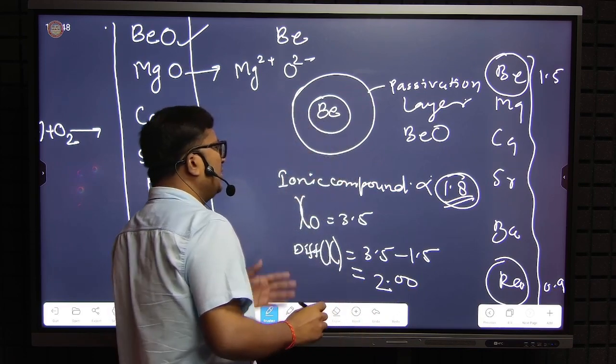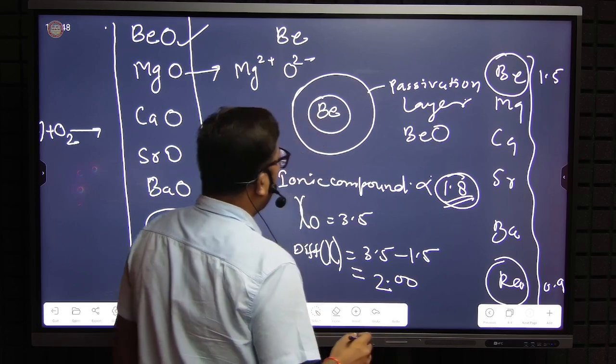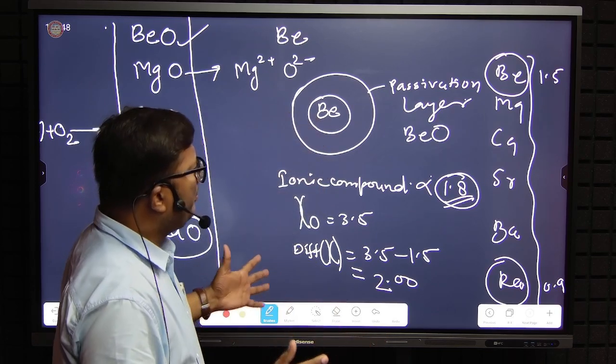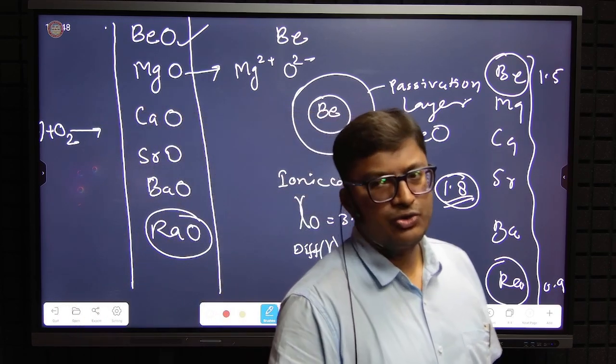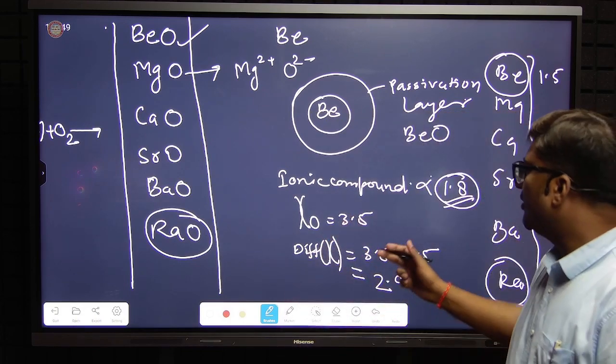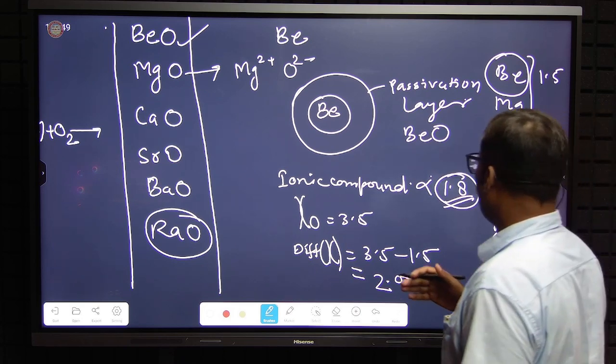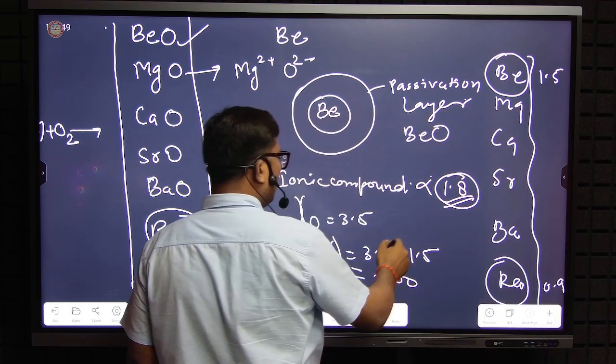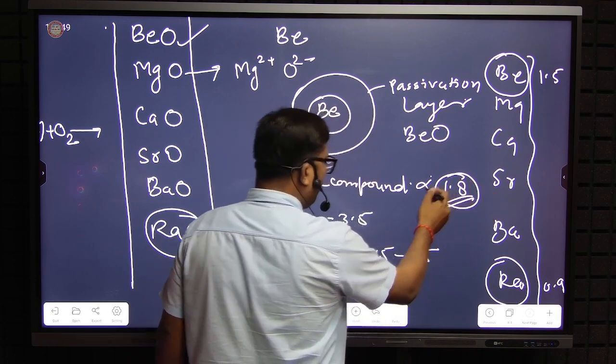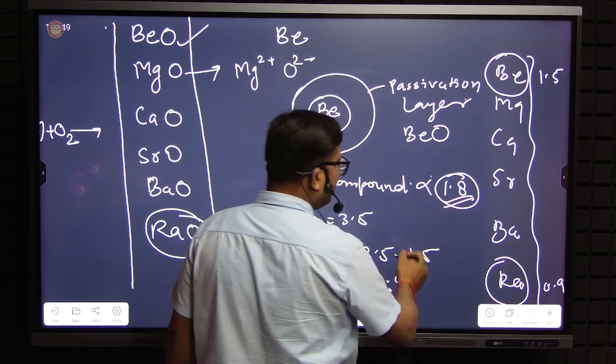So this beryllium does not form purely ionic compounds with oxygen. Rather it possesses some covalent character because of the match of these differences.